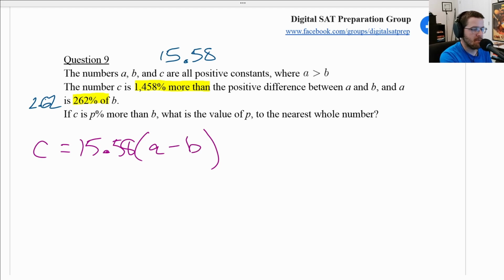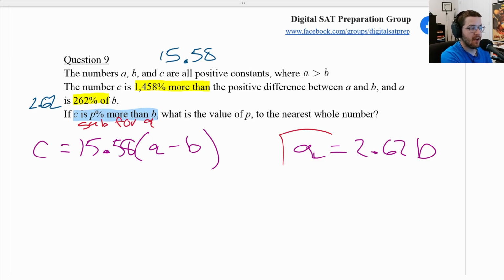And for the second one, it says A is, so that's A equals 2.62B. All right, now we look at the prompt. We want an equation relating B and C. So we do not want A. So we are going to substitute for A. Very conveniently, we already have A by itself.